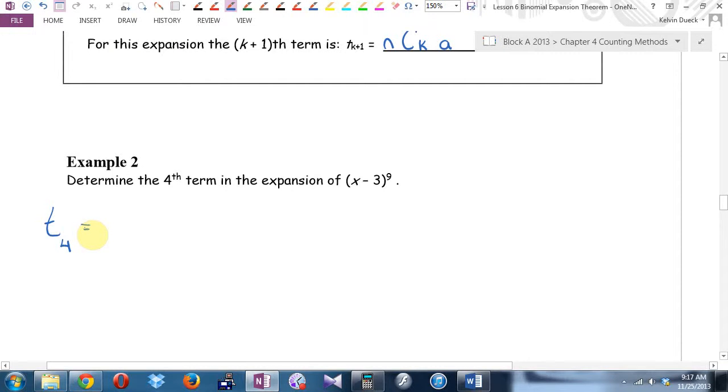You see where the 4 came from? Now, over on the right-hand side, we're going to write out this formula: term k plus 1 equals n choose k, a to the n minus k, b to the k. That's right from your yellow formula sheet. It's also right from up there. So you don't need to memorize it.